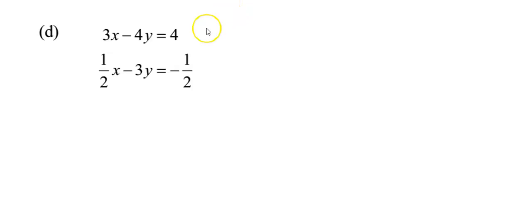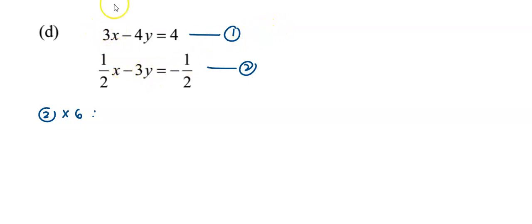In my last example, I'm going to take equation 2 multiplied by 6. Why do I do so? Because I want to make the coefficient of x become 3 so that it will equal the coefficient of x in equation 1. Then later on we can use the elimination method.